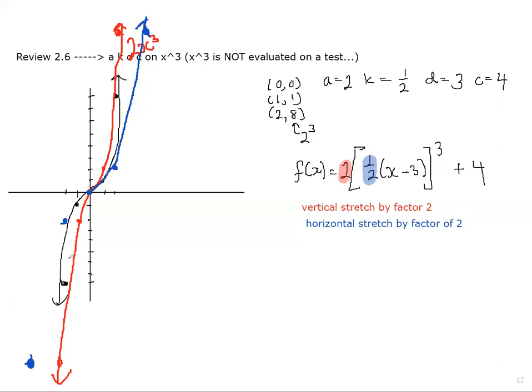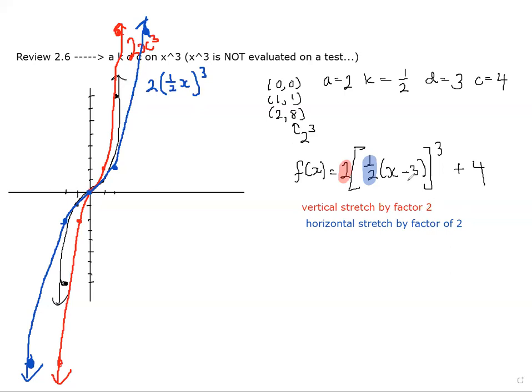Okay. So that blue would be 2, 1/2 x to the power of 3. So it has the vertical stretch, it has the horizontal stretch.